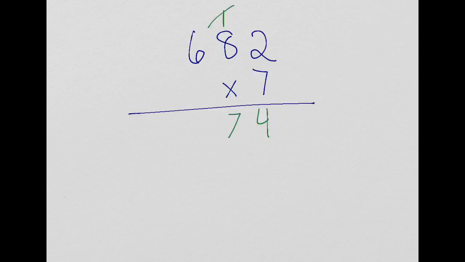I can write the 7 and carry the 5. 7 times 6 is 42, plus 5 more, 42, 43, 44, 45, 46, 47. I'm going to write the 7, I'm done with that, and carry the 4. And then I can see there's nothing else to multiply by, so I can just bring that 4 right down. And my answer is 4,774.